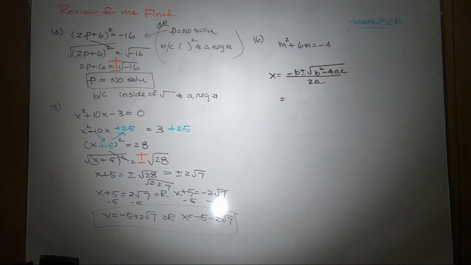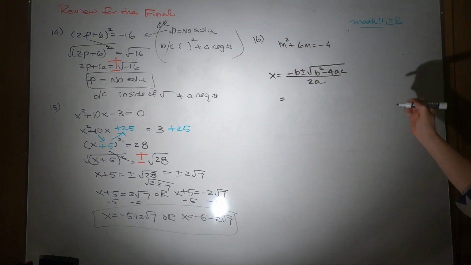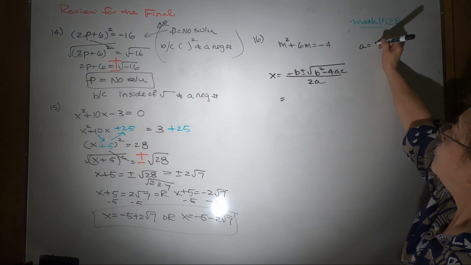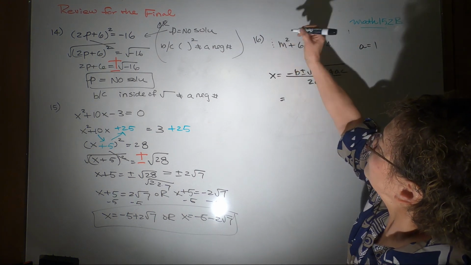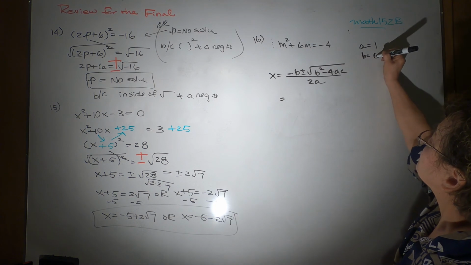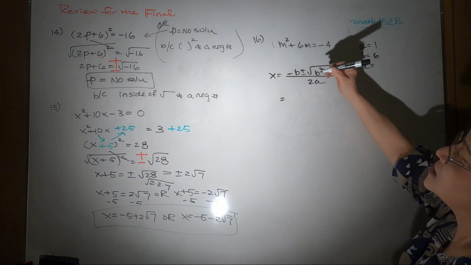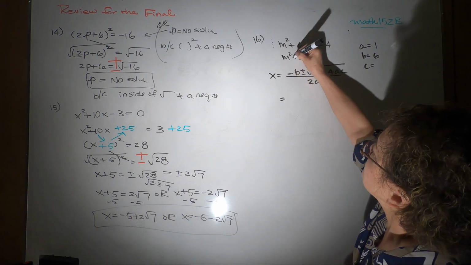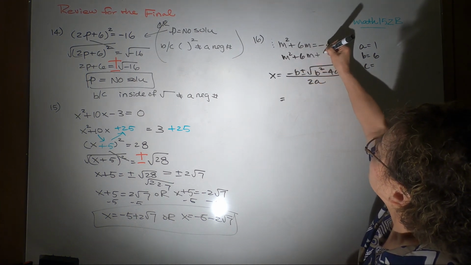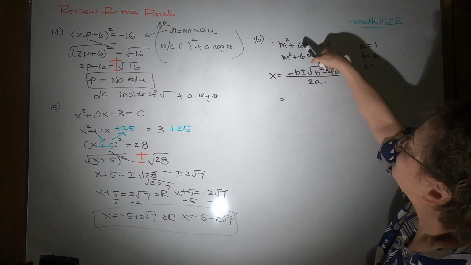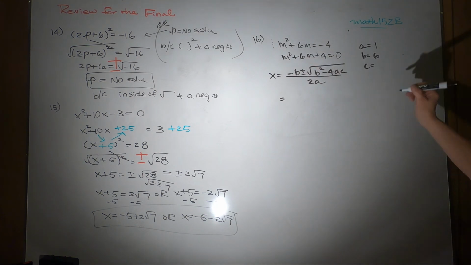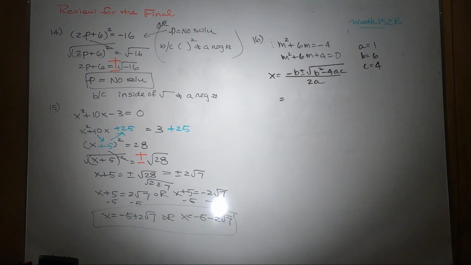Then we need to find our a, b, c. So what's your a? 1, the invisible 1. b is 6. c is what? Not negative 4, because you have to write it in standard form, right? Plus 4 on each side. So your c is positive 4.